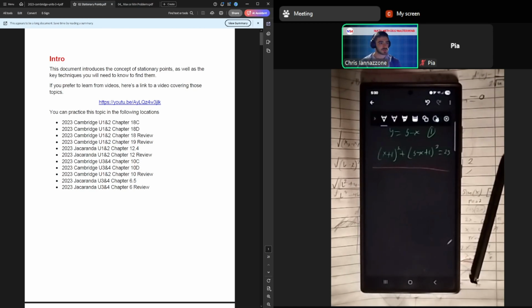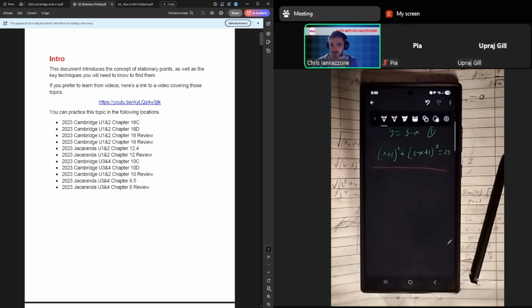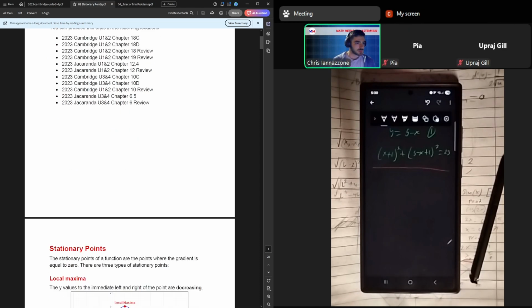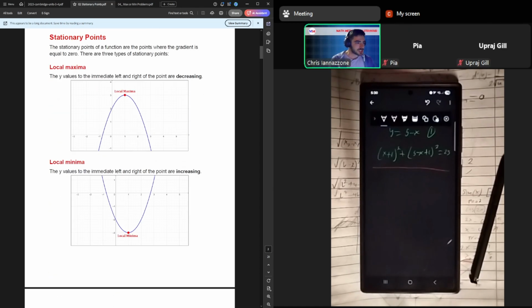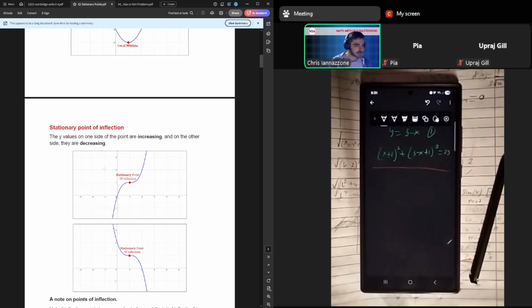So this lesson will finish up pretty much all of the remaining applications of the derivative, starting with finding stationary points. As far as what stationary points are, you've actually seen all of them so far. They are local maxima, local minima, and stationary points of inflection.